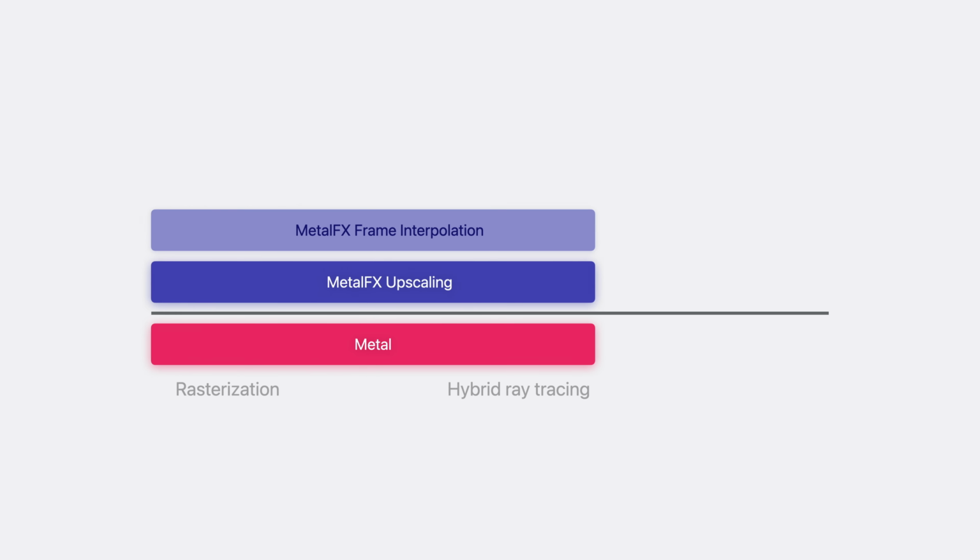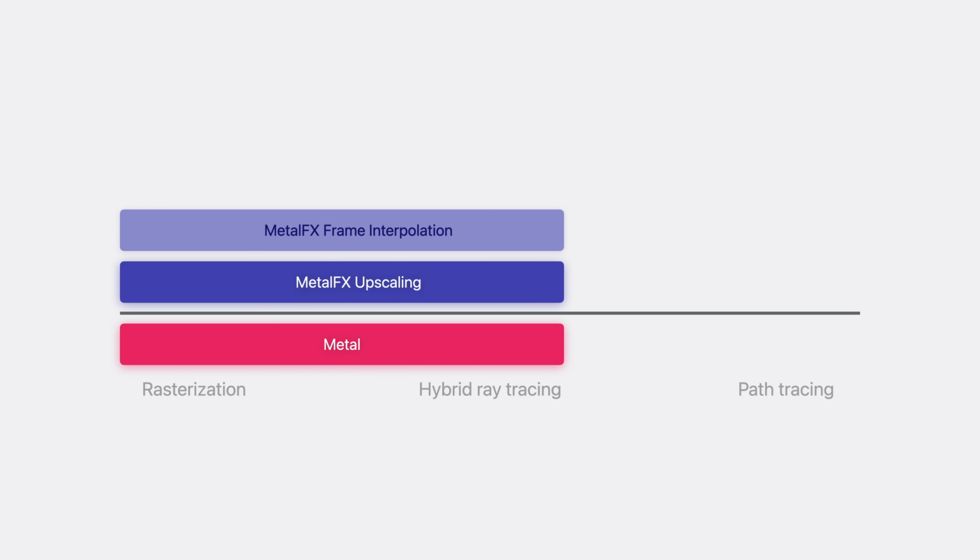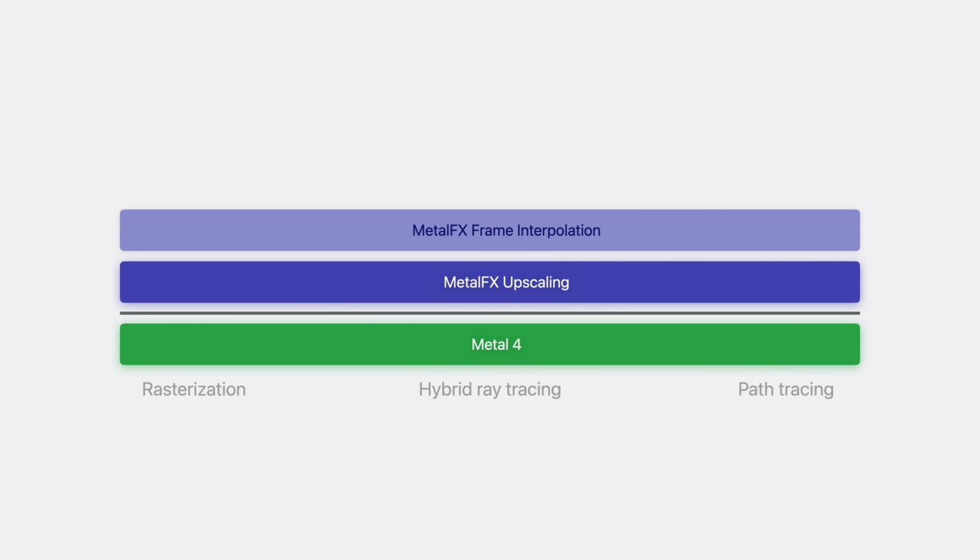The latest games like Cyberpunk 2077 offer a very realistic real-time path tracing. These expanded capabilities in real-time rendering can be achieved with the new awesome features in Metal 4. These include ray tracing enhancements and the new MetalFX denoised upscaler to easily scale by reducing the required ray count in your game.